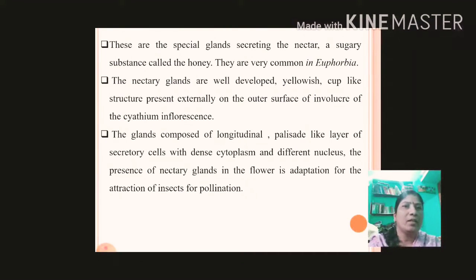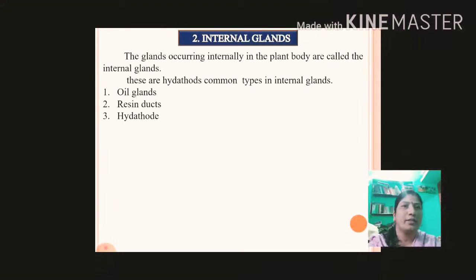The gland is composed of longitudinal layers of secretory cells with dense cytoplasm and a distinct nucleus. The presence of nectary glands in the flower is an adaptation for attracting insects for pollination.